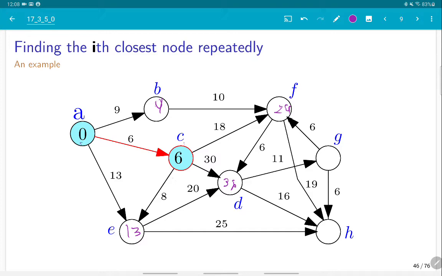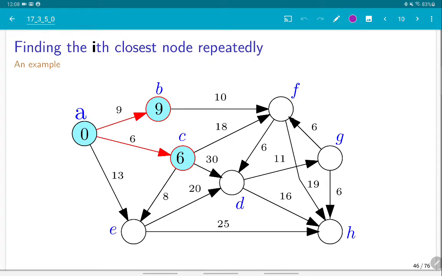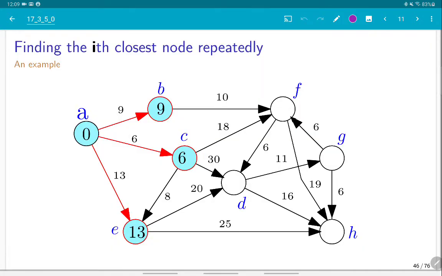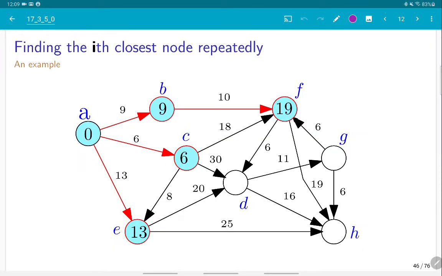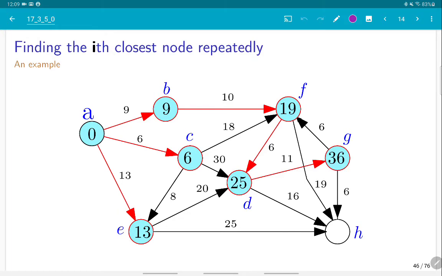Now the cheapest one is this, 9, so next we handle B. And now we continue in this fashion. After we update the distance to a vertex, we check all the other vertices if they have a path coming from the occupied vertices, and we see if their distance is updated. We continue in this fashion until we occupied everything. And that's the basic algorithm.